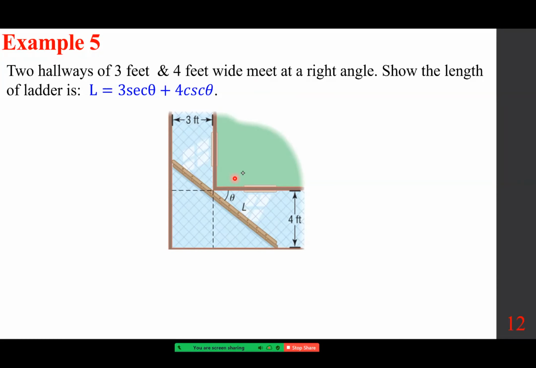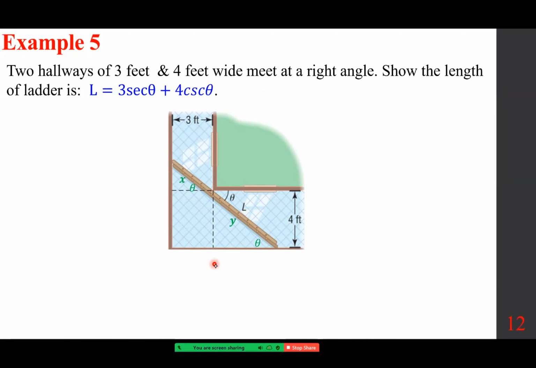And I hope you see these two lines are parallel. If this is theta, this is theta, this is theta. Again, these two lines are parallel. Theta, theta, theta. Okay, this is 3 feet, this is 3 feet. This is 4 feet, this is 4 feet. So knowing all of the above, let's take it from there.